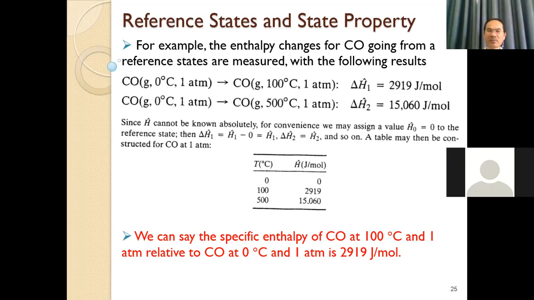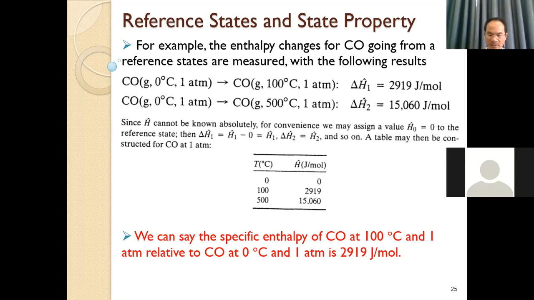Because we cannot calculate the entropy at 0 Celsius or at 100 Celsius, we only determine the difference between two states. Mostly we choose the reference state at S equal to 0. For convenience, we assign the value of the entropy at the reference state equal to 0.